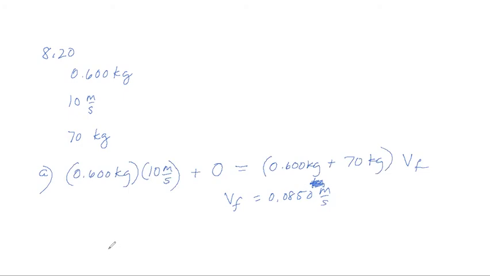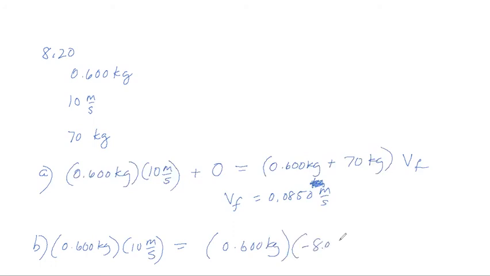All right, now you're going to do B, and now the ball is going to bounce off of you. So you got 0.600 kg times 10 meters per second, and you're still at 0, so I'm not even going to include that term. Equals 0.600 kg times a negative 8 meters per second, that's going in there.